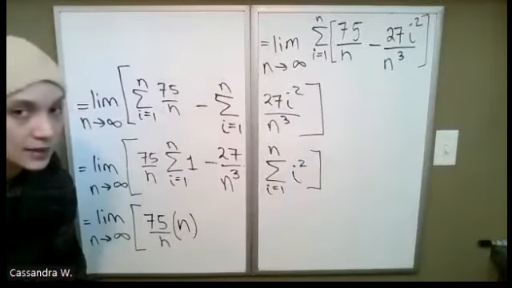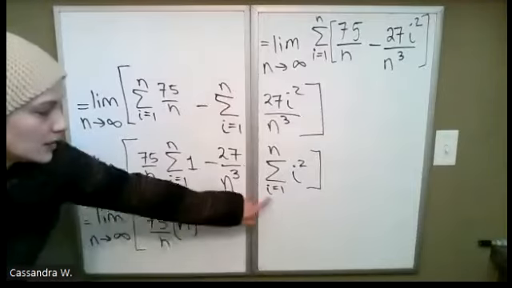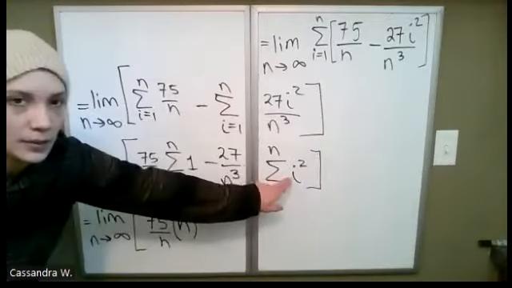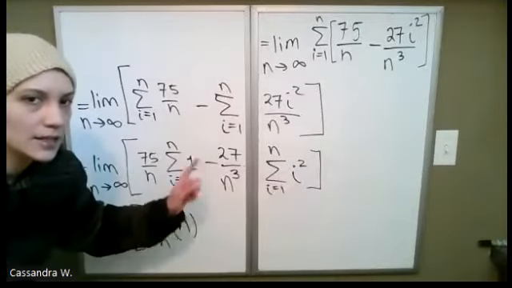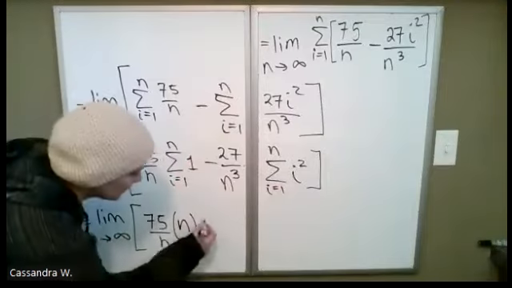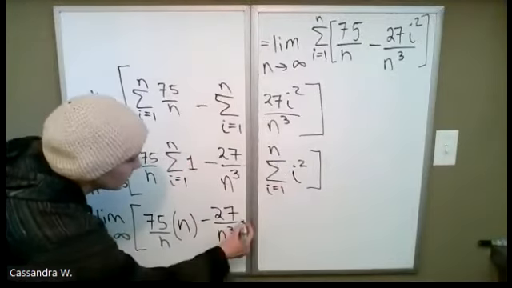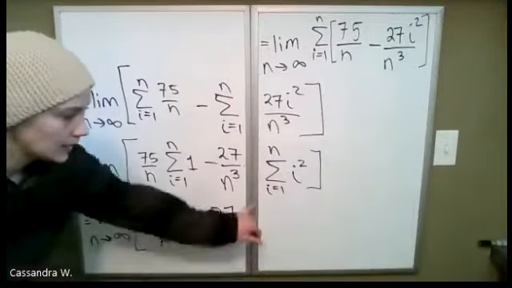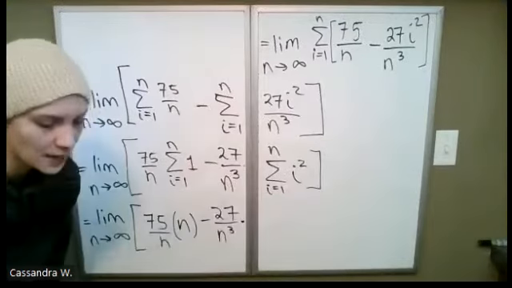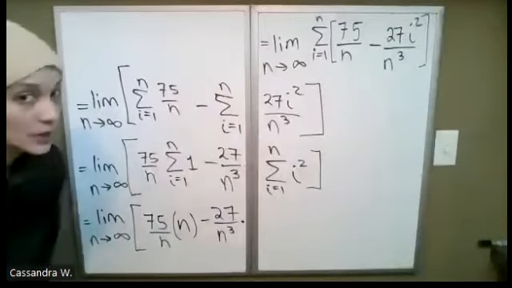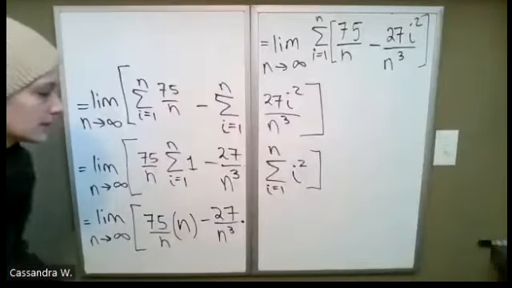Okay, and there's this sum from i equals 1 to n of i squared that we're going to replace. And you take negative 27 over n cubed. And then here, this is going to be n times n plus 1 times 2n plus 1 over 6.